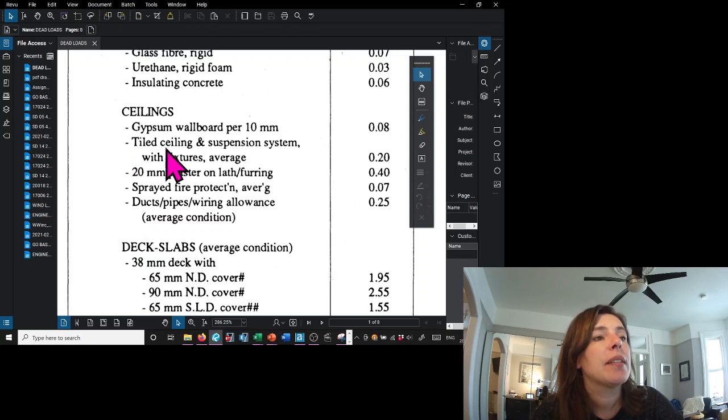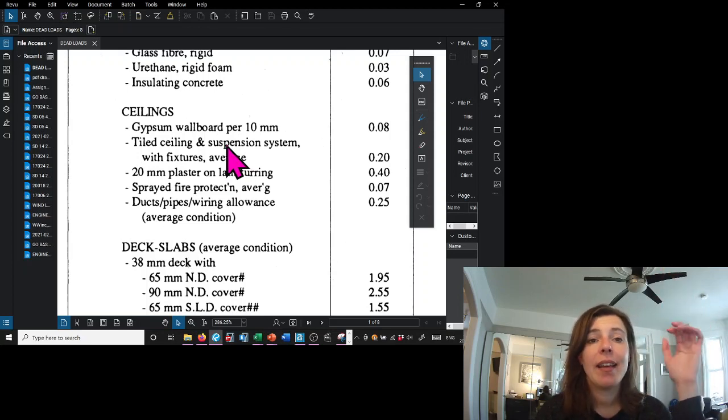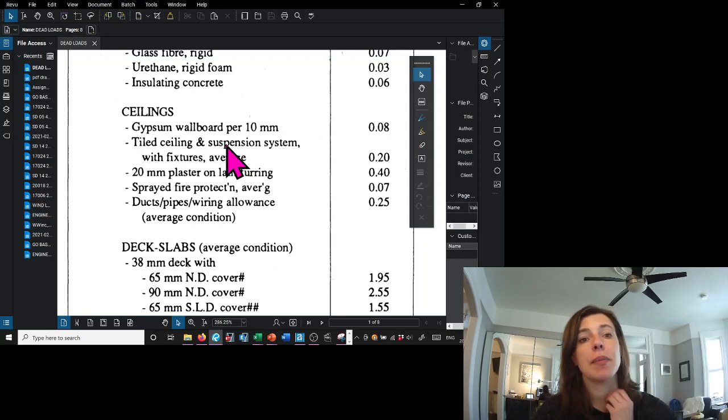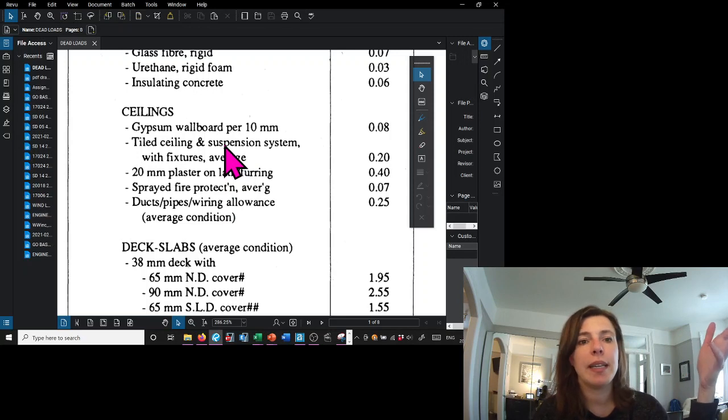There's another one here, tiled ceiling and suspension system with fixtures, average. That is a suspended ceiling. Your average, crappy, white tile with T-bars and wires hanging down from whatever's supporting it, suspended ceiling system. And these are probably two of the most common systems or weights that we would need in our dead loads.